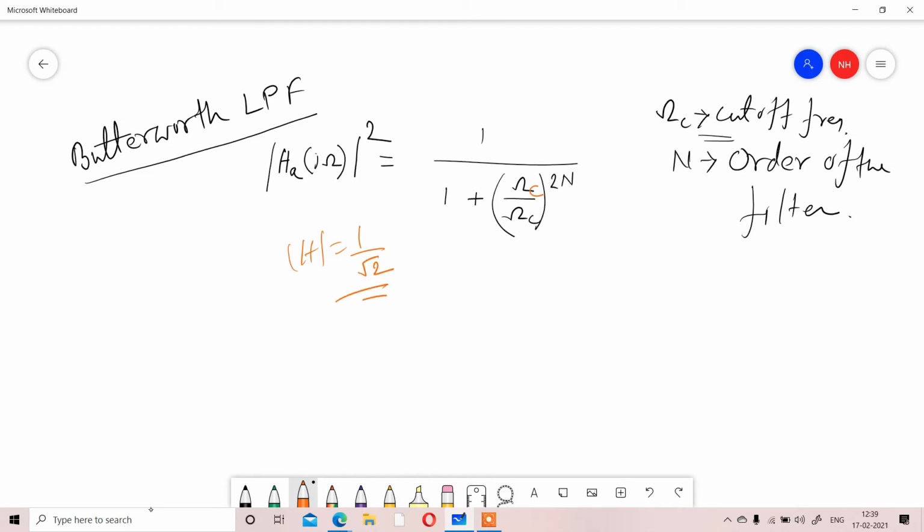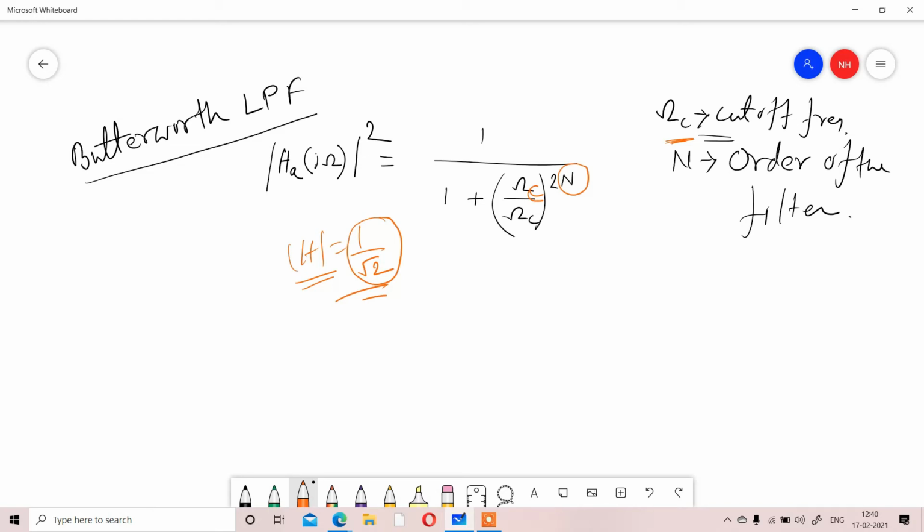So that is the magnitude at the cutoff frequency, which means that whatever the filter order is, 1, 2, 3, 4, whatever order you consider, at omega c the magnitude is 1 by root 2.